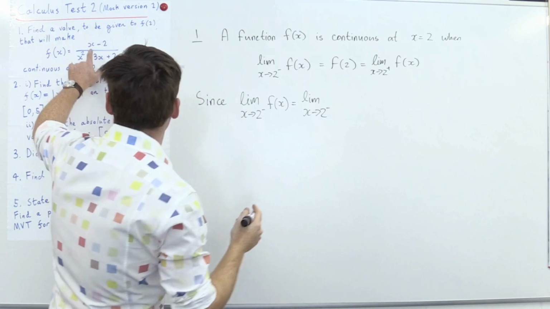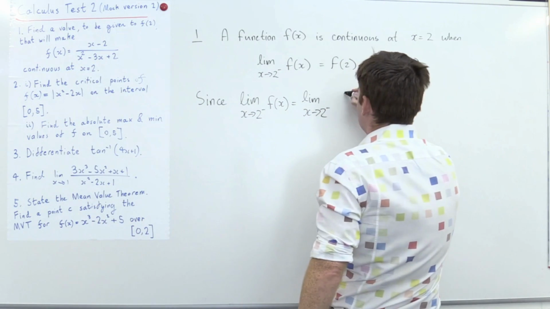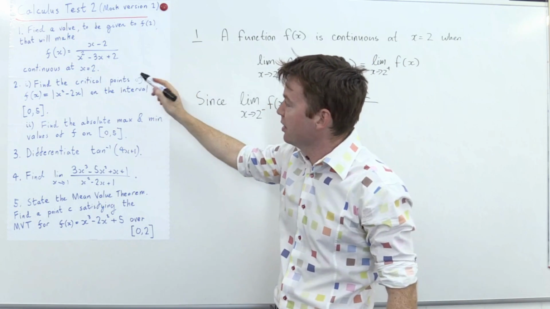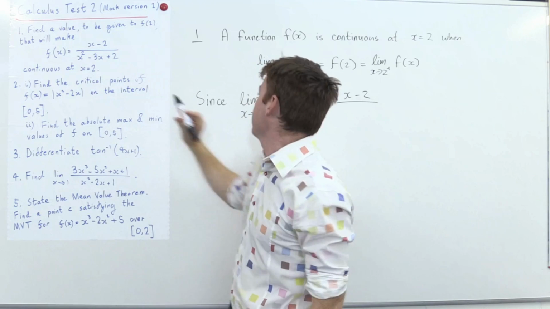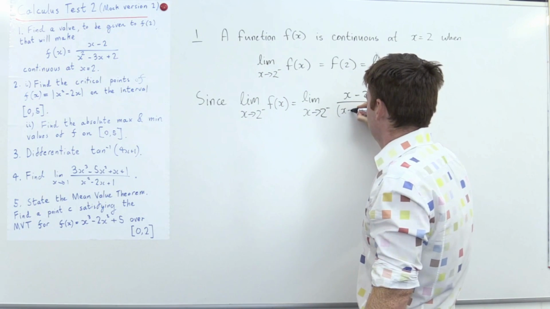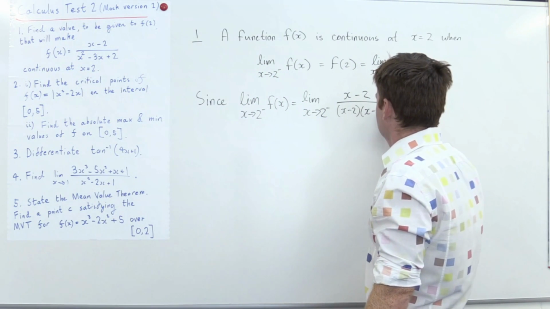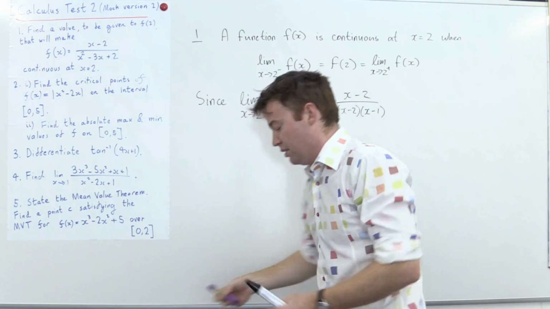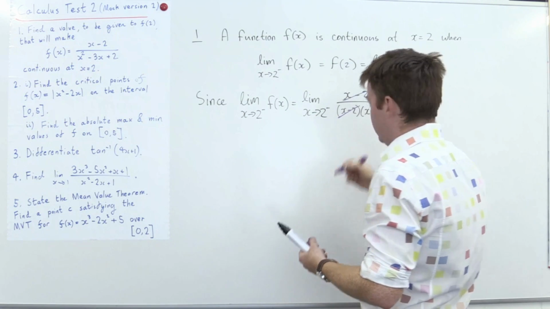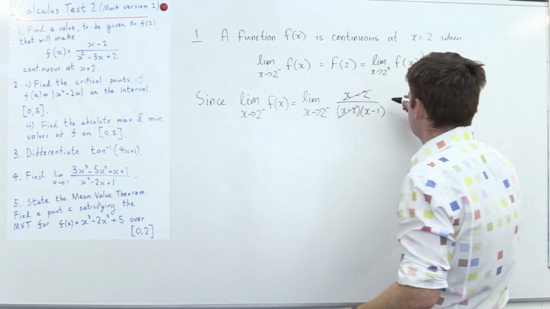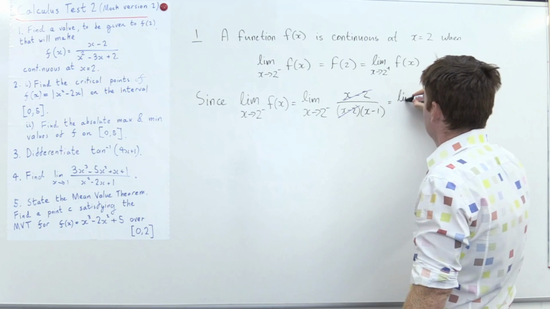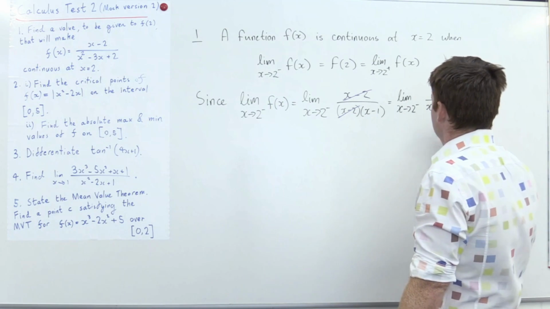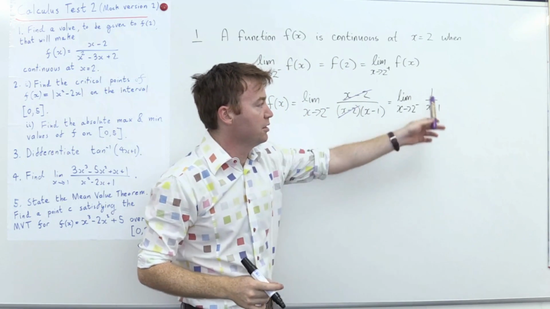So the function is this one up here, so that's x minus 2, and the denominator, I'll just factorize that real quick, that's going to be x minus 2, x minus 1. And because I'm considering values of x which are strictly less than 2, I can just cancel these bits right off. This is equal to, and then there's no trouble with saying what this might be.